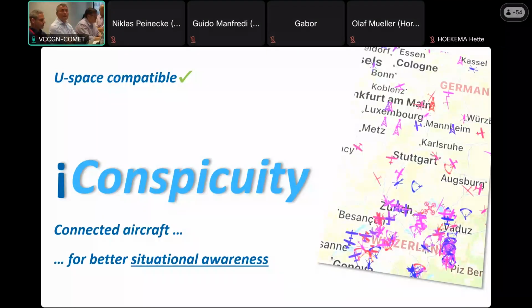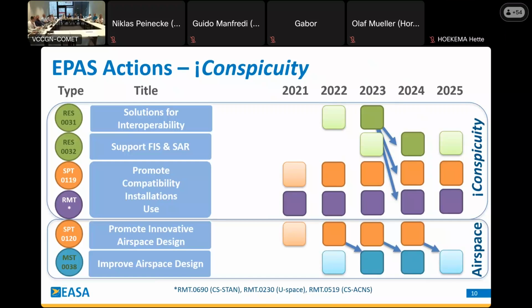Next one, please. At that time, we've set the comprehensive action plan. What you see on the slide is all the actions which are reflected in our European Plan for Aviation Safety on the left side. You note on the top left there is this task we are actually finalizing in this event, Research Task 0031.